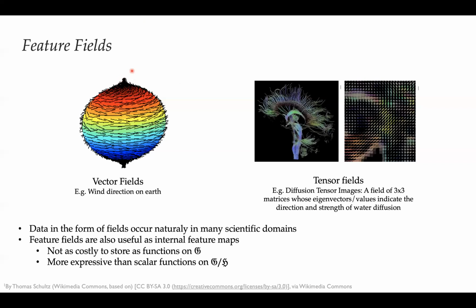Now, SO3 is a three-dimensional manifold, and so convolving on it is actually pretty expensive. And more generally, as your group becomes higher dimensional, or in the discrete case, just larger, doing a group convolution on the whole group can be much more expensive.